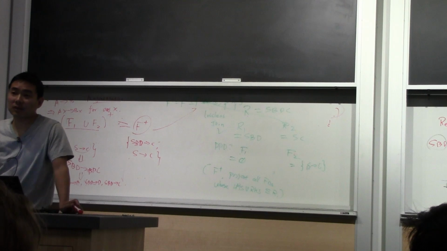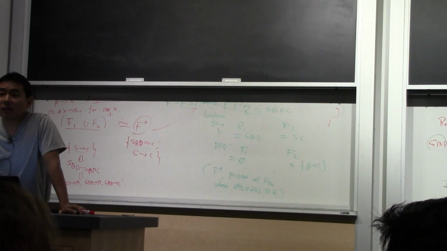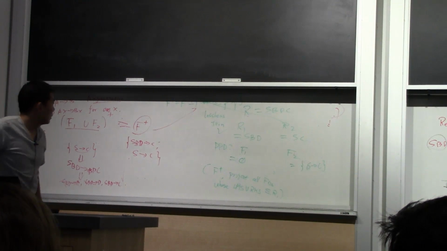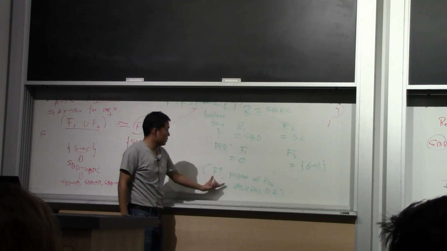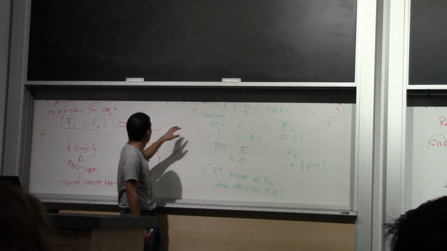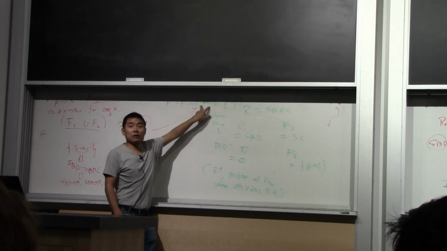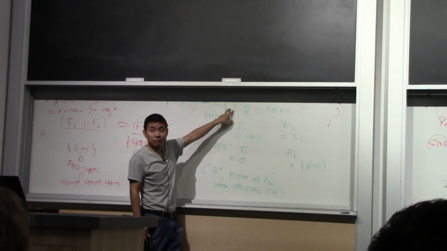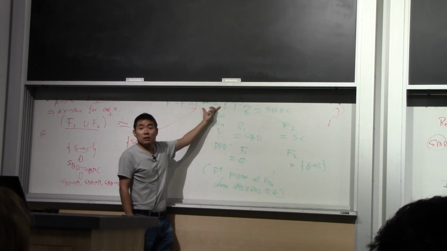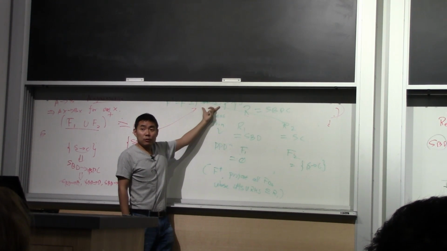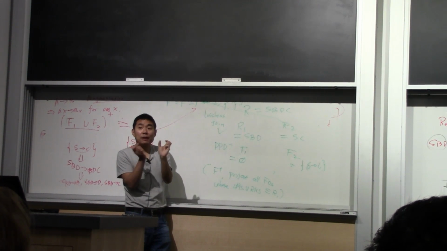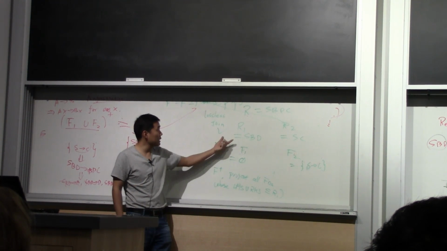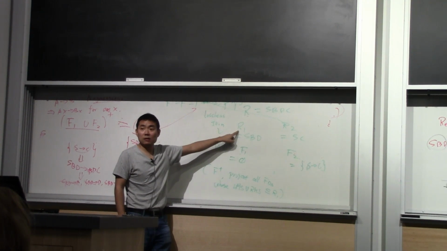Question: could you explain how F1 was made an empty set? Okay, because you use this rule, right? The closure of F has only these 2 functional dependencies, SBD to C and SC, right? None of them, if you look at the union of the right-hand side and left-hand side, is contained or covered by the schema of R1.